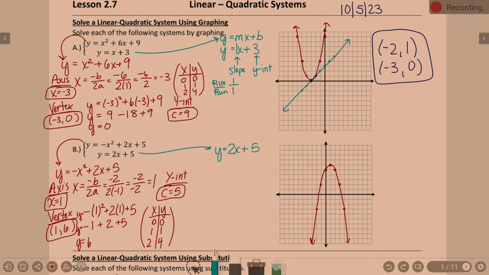What do we know about y equals 2x plus 5? Okay, so y equals mx plus b. 5 is our y-intercept, and 2 is our slope. So that means that slope is going to be 2 over 1.